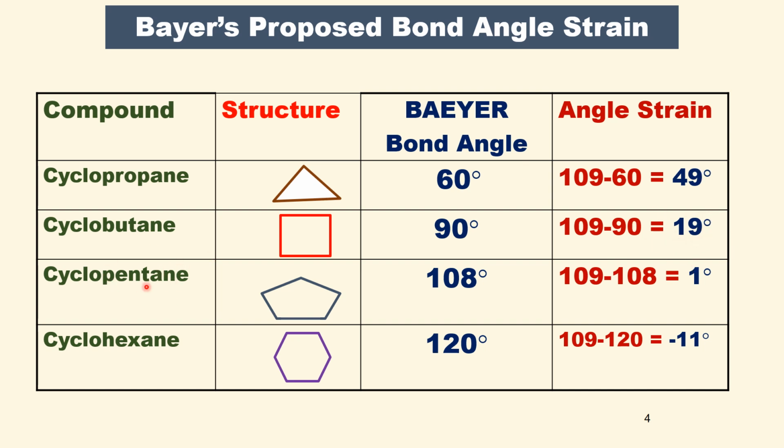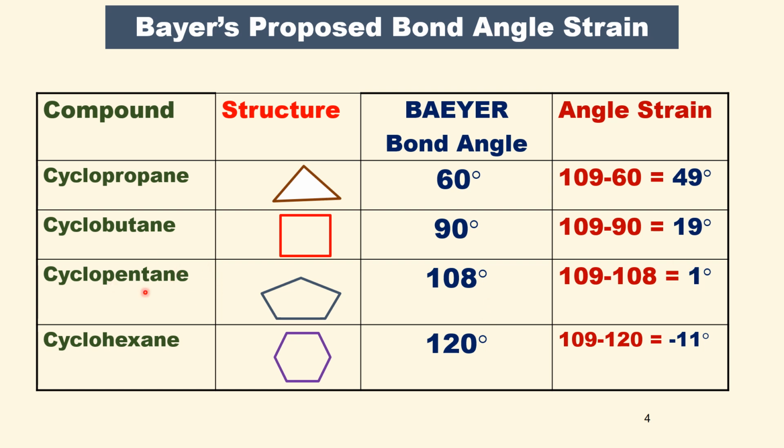In the case of cyclopentane, the bond angle is 108 degrees, that is 109 minus 108 equals 1 degree. There is much less deviation, much less angle strain. So cyclopentane is most stable.